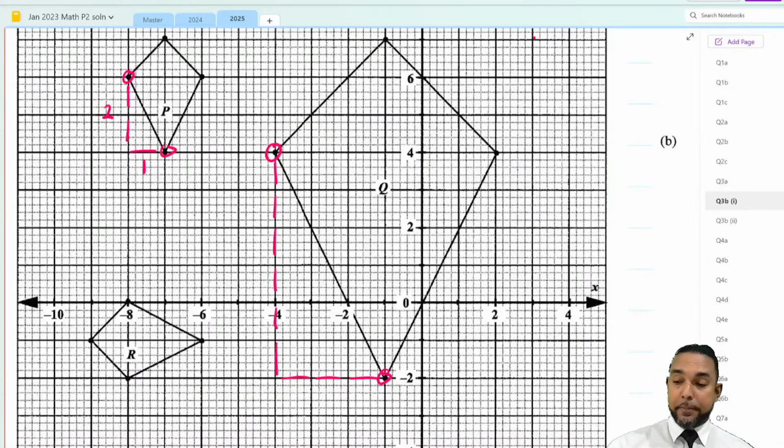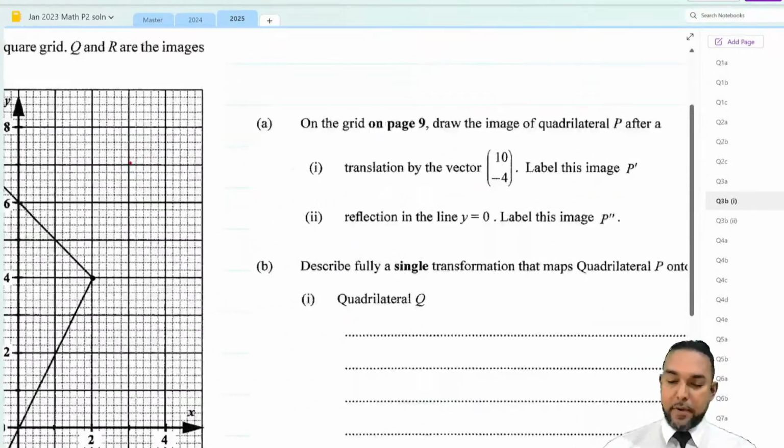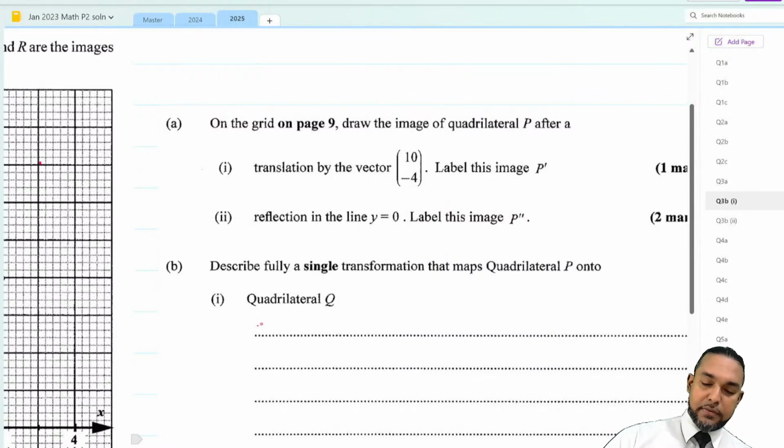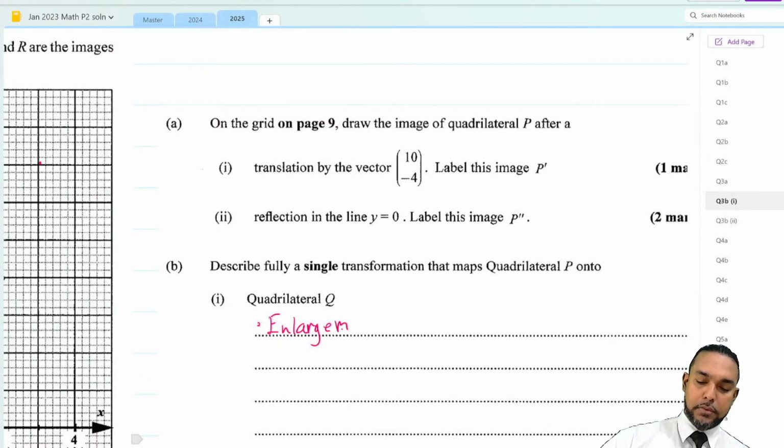All right, cool, sorry. Right, so that's the scale factor. Sorry, I shouldn't erase those things. Anyway, right. So first of all, it's an enlargement with scale factor 3.